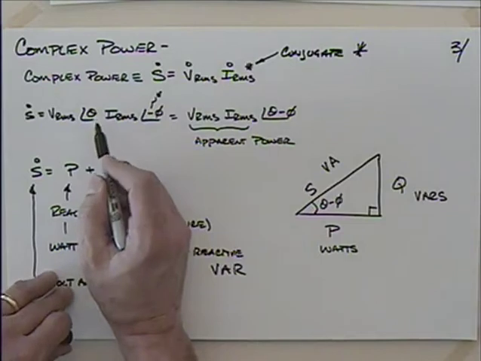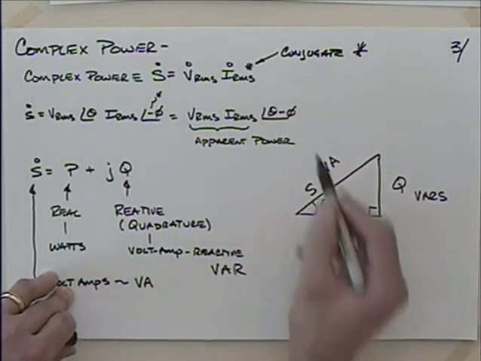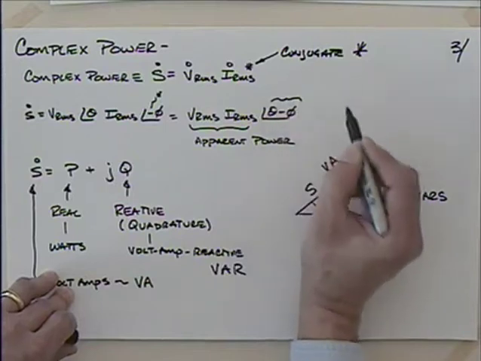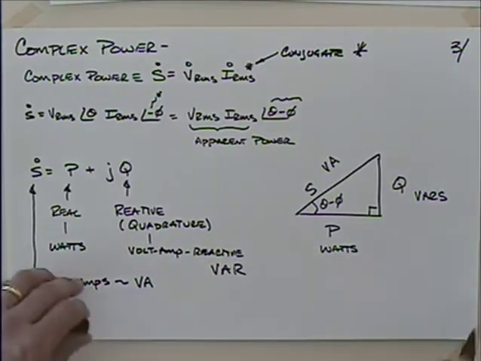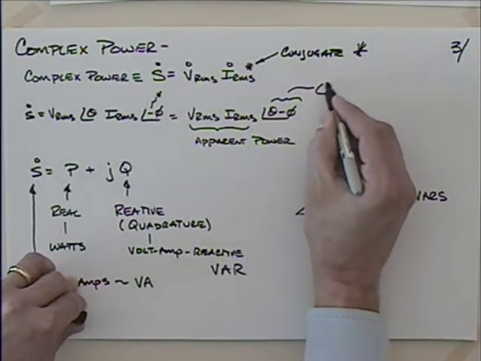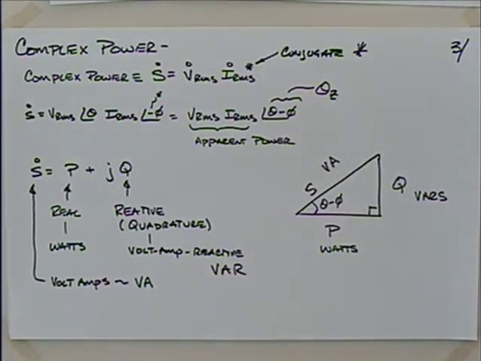And then I add the angles. Well, what's theta plus a minus phi? Theta minus phi. Does this ring a bell? What's theta minus phi? That's the difference between the angle of the voltage and the angle of the current. Do we know what that is? That's the impedance angle, isn't it? Theta sub z.